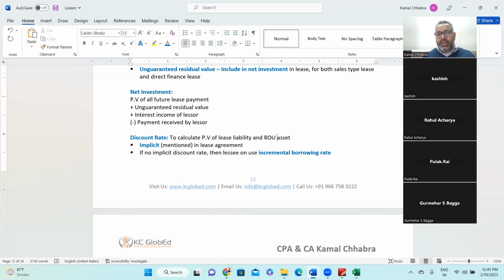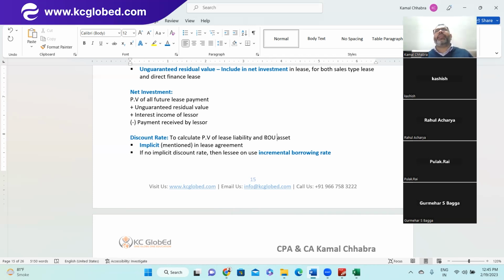That rate is considered as the incremental borrowing rate for the calculation of the discount rate, right? If otherwise I would have been purchasing that asset, how much interest rate would the bank be charging me for the purchase of that additional asset? That is called incremental borrowing rate. Make sense?